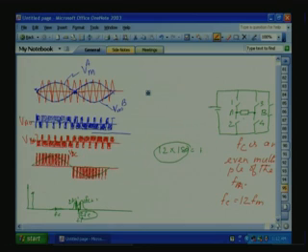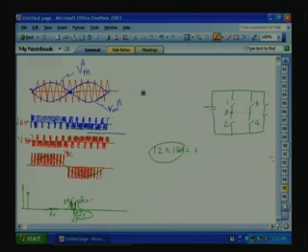Now, our load connection is not like this. Here this is our B, 3 phase, this is our C. Now, our load connection is like this. The schematic representation for the 3 phase is like this, B will be like this and C will be like this.